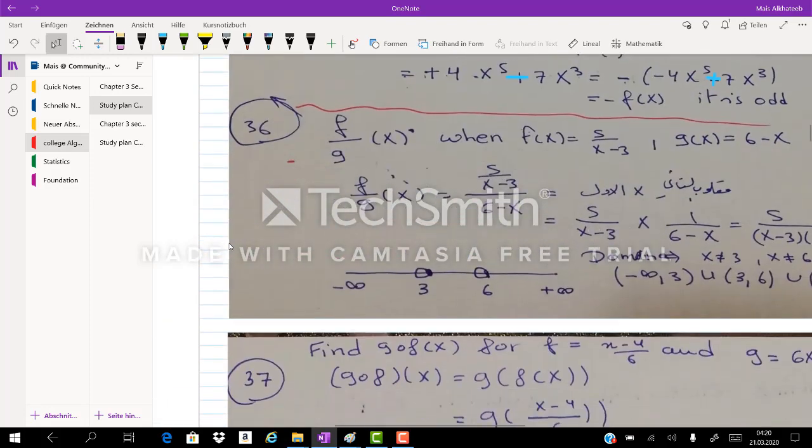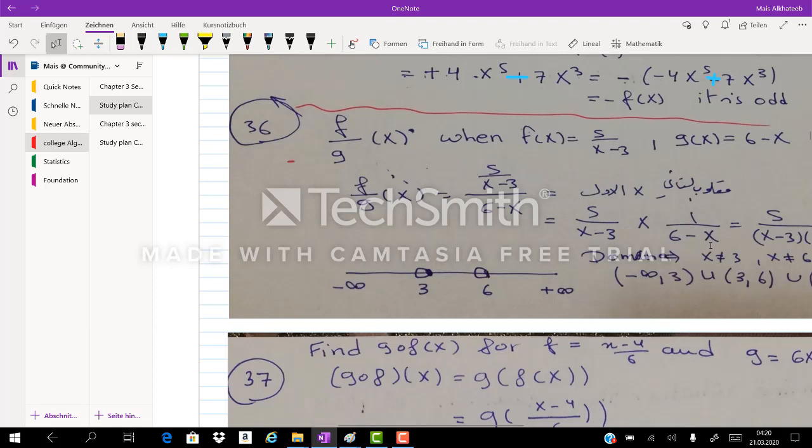The domain of this graph f over g, as I see here, when f(x) is 5 over x minus 3 and g(x) is 6 minus x. So we substitute f(x) over g(x): f(x) is 5 over x minus 3 and g(x) is 6 minus x. We know the rule: the first times the reciprocal of the second when dividing fractions. The first is 5 over x minus 3 and the reciprocal of the second is 1 over 6 minus x.